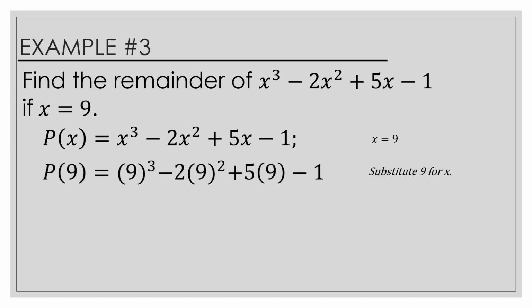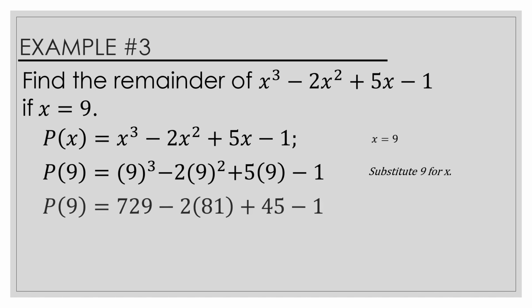P of 9 is equal to 9 cubed minus 2 times 9 squared plus 5 times 9 minus 1. Simplify. Then, p of 9 equals 9 cubed, which is equal to 729, minus 2 times 9 squared, which is 2 times 81, plus 5 times 9, which is equal to 45, minus 1.